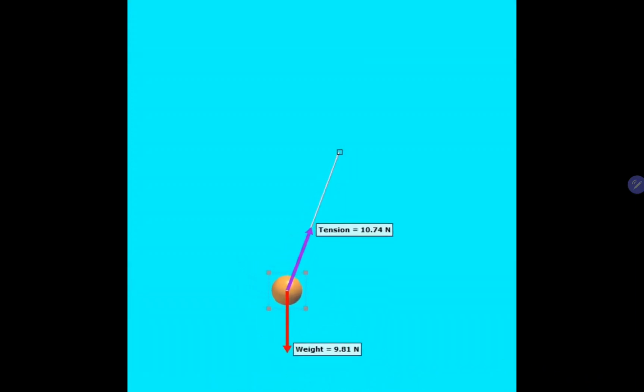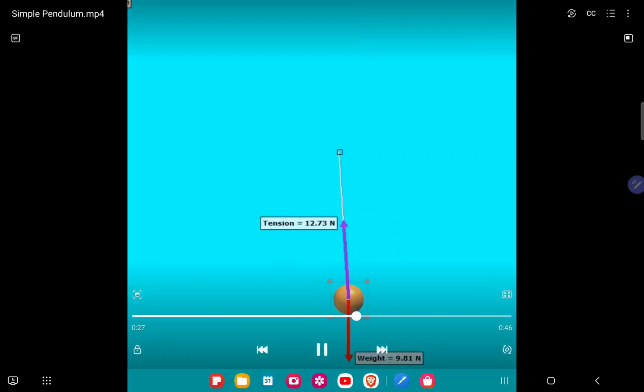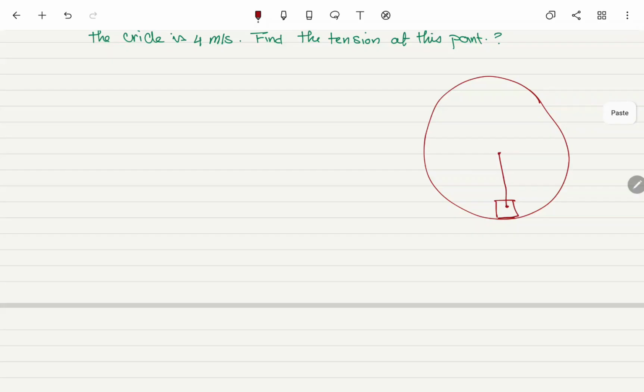Now let's go back to the example. We have here in this example, weight is directed this way, and tension is directed this way. So the sum of all forces on y equals mv square over r, or in this case, tension minus mg equals mv square over r.